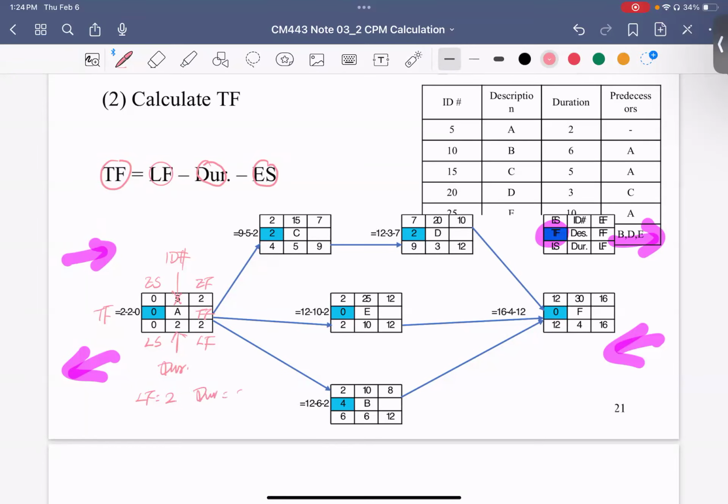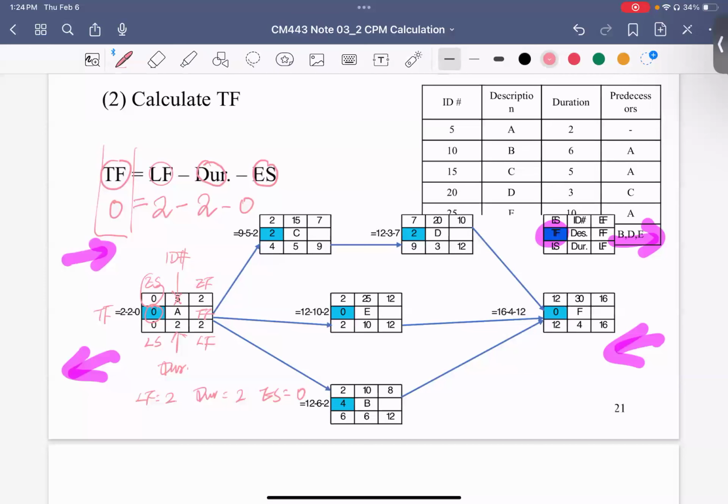Duration is equal to 2. And the early start time is equal to 0. So you put in the equation here: 2 minus 2 minus 0. You will get 0. Then you put your 0 here. So that is for A.